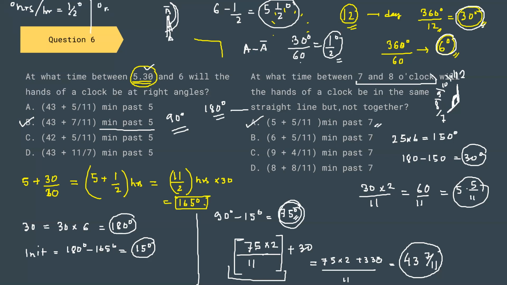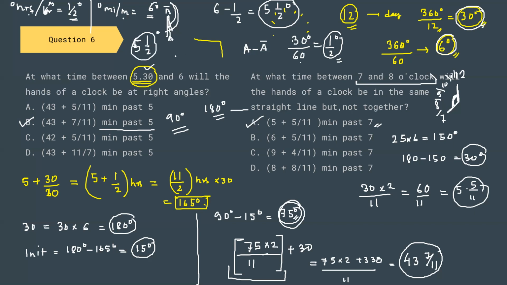The angle covered by the minute hand per minute is 6 degrees. So the relative speed between the minute hand and the hour hand is 6 minus half, that is 5.5 degrees.